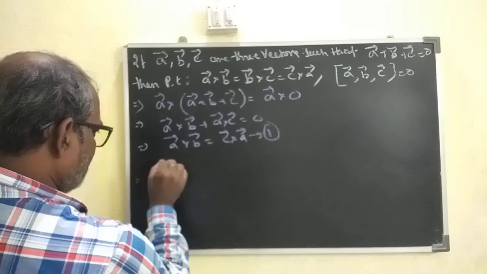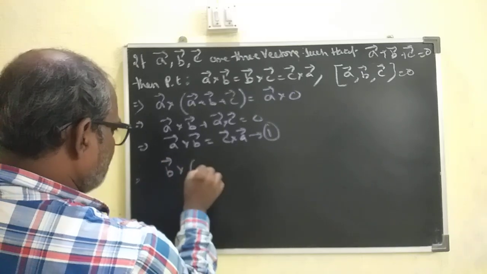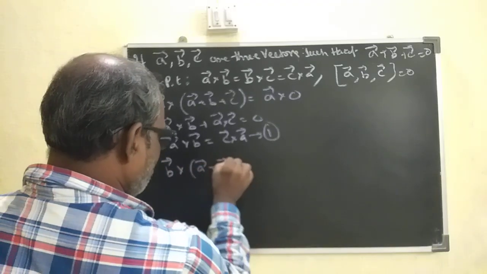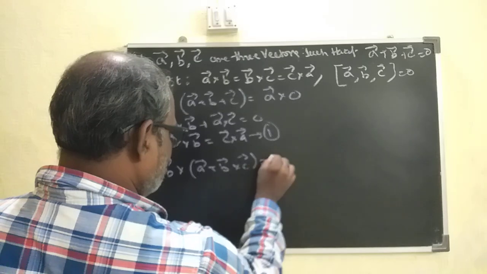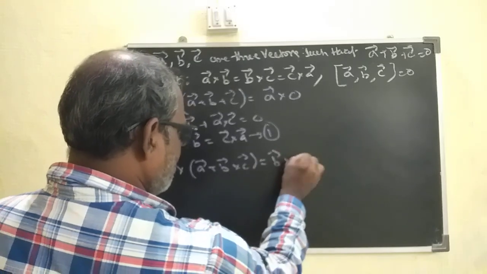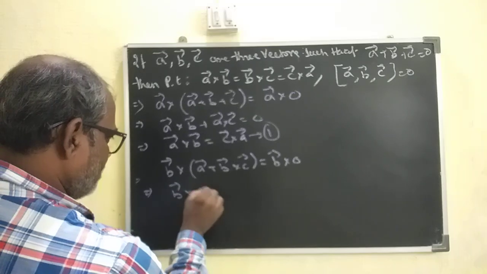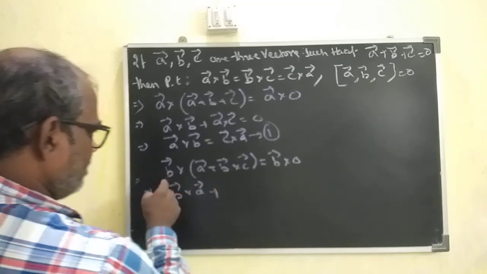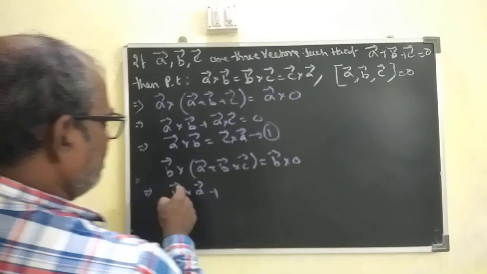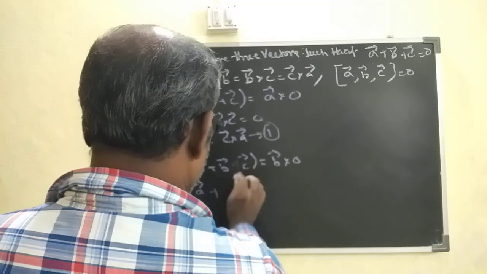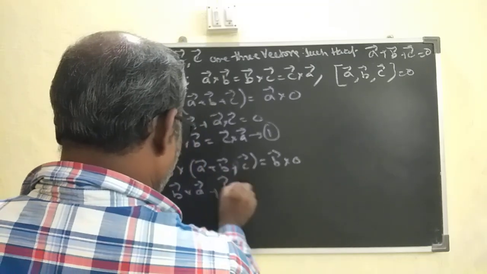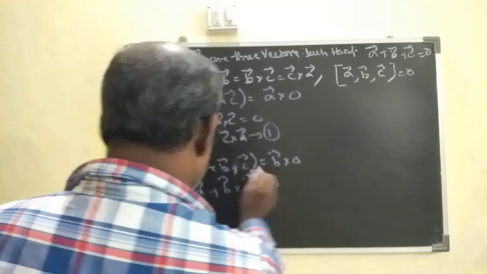Again, taking vector B cross A vector plus B vector plus C vector equals vector B cross 0, which implies vector B cross vector A plus vector B cross vector C equals 0.